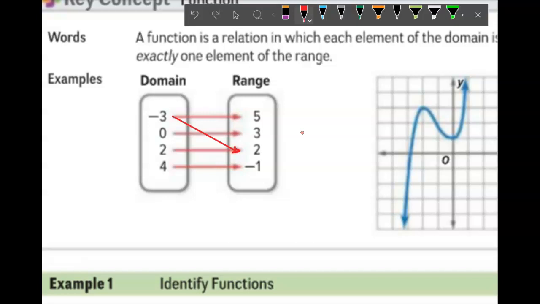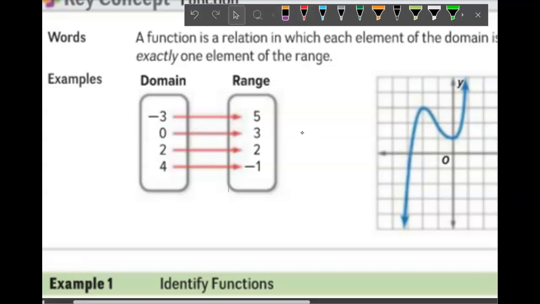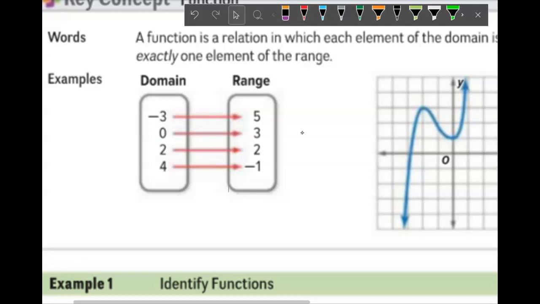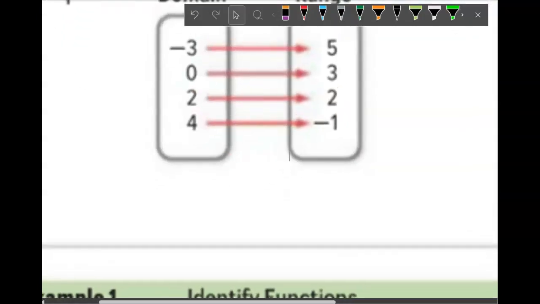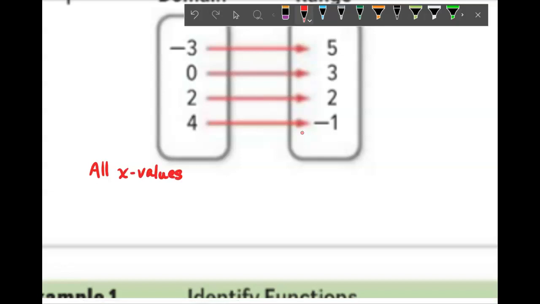That would not be a function. But as long as we have X's with just one arrow coming out of them, it is a function. All X values have only one arrow.